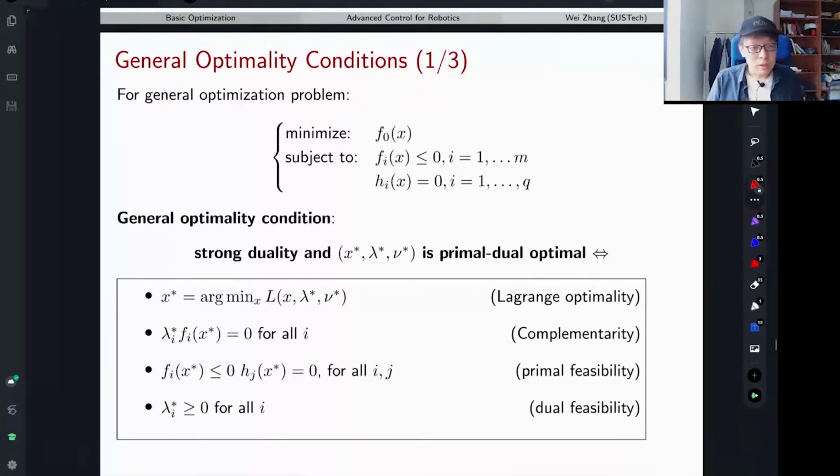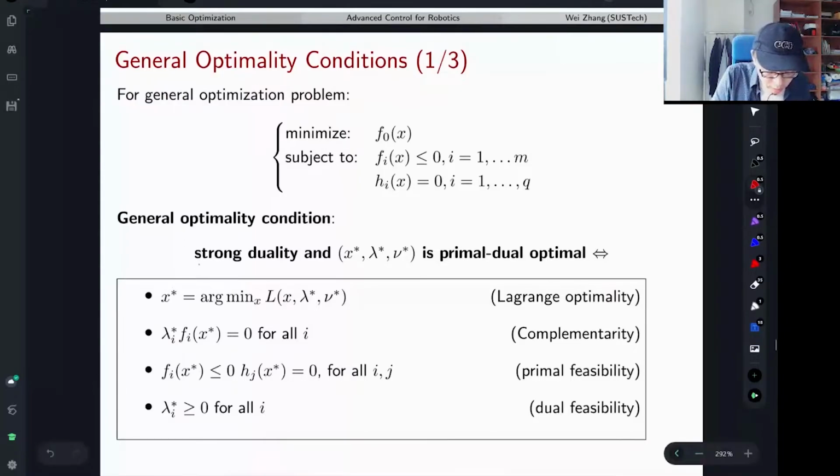In terms of the general optimality condition, we can state it as these four requirements. The first one is called Lagrangian optimality, that's my term. So let me state the theorem.